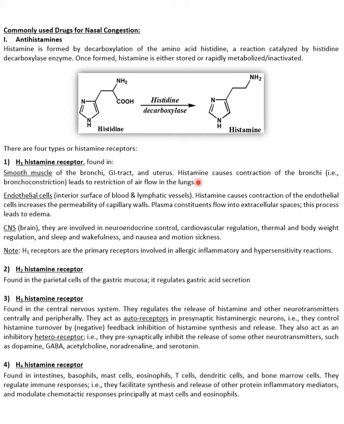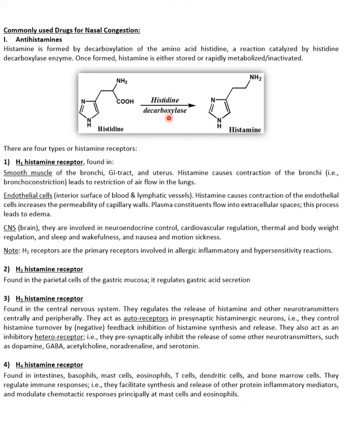So based on what I said so far, you can imagine the ways where we could prevent the histamine action. One way would be preventing the synthesis of the histamine by inhibiting this enzyme. There are a couple of drugs available, but they are not commonly used. And another way is by stabilizing the mast cells, which are used to store the vesicles containing this histamine, and these are called mast cell stabilizers.